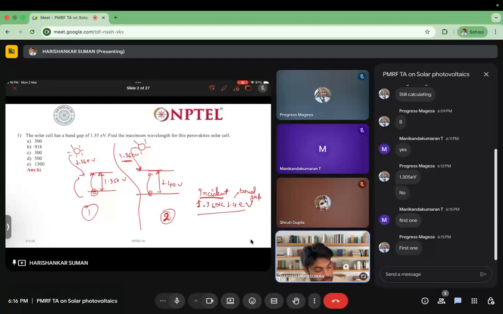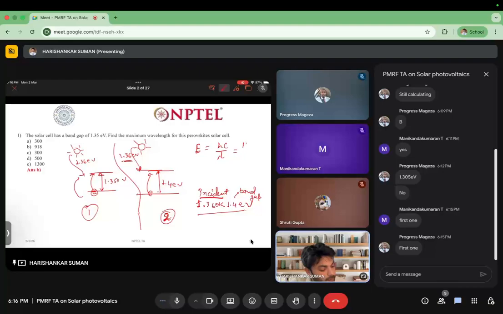So this is the concept, and you can use the Einstein relation to find the energy relation, hc by lambda.